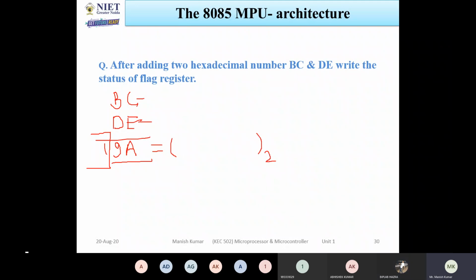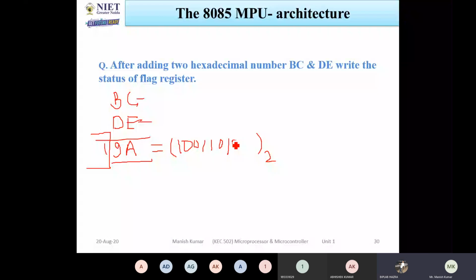Remember that. One answer I am getting is 1001 1010. All are having the same answer.